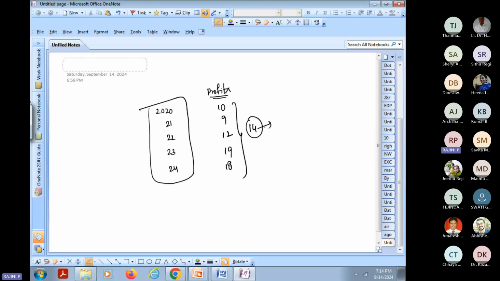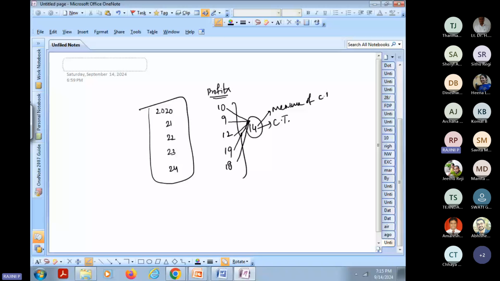Then how did I get this 14 lakhs? This is called the central tendency. It shows that all these values are concentrating around this center value. And to measure this central tendency, the method we use is called the measure of central tendency.